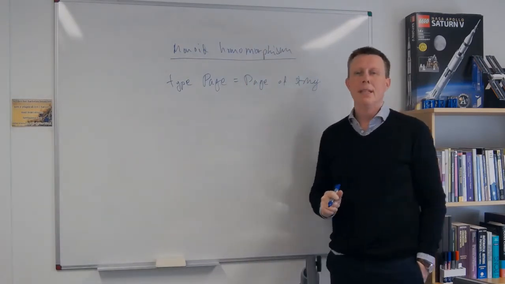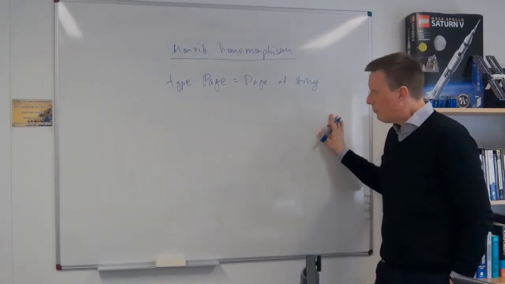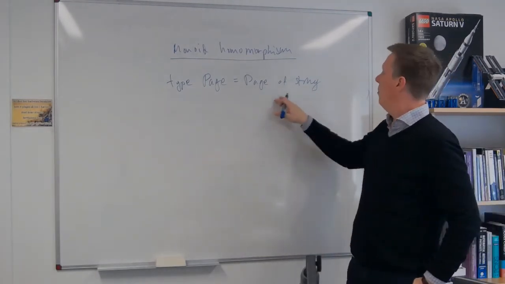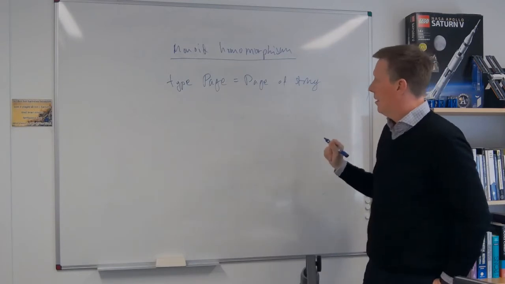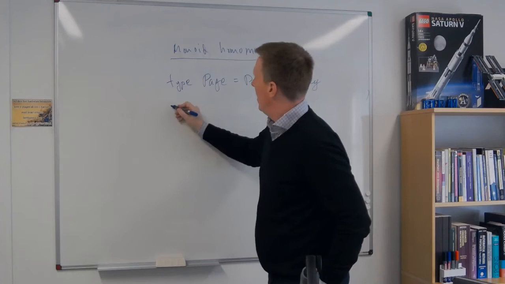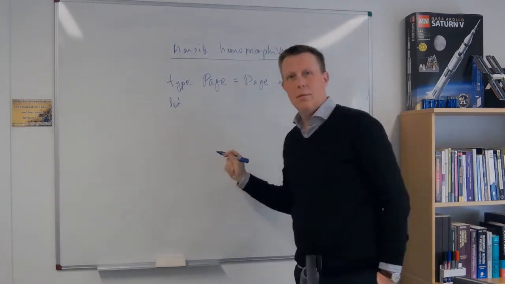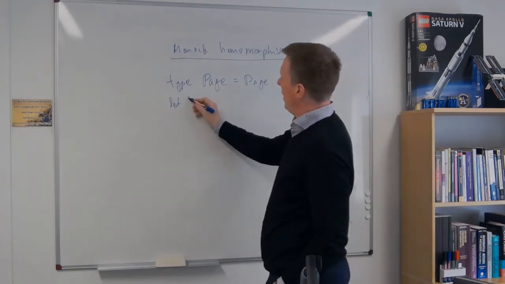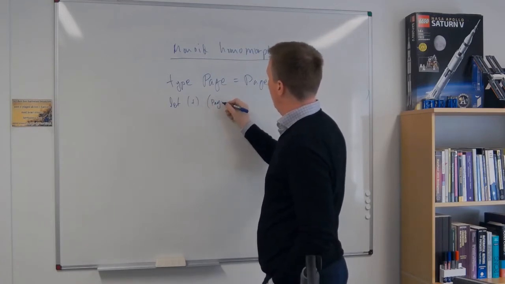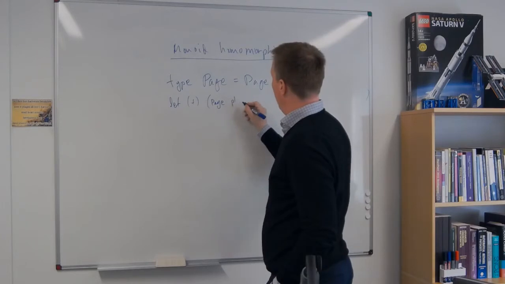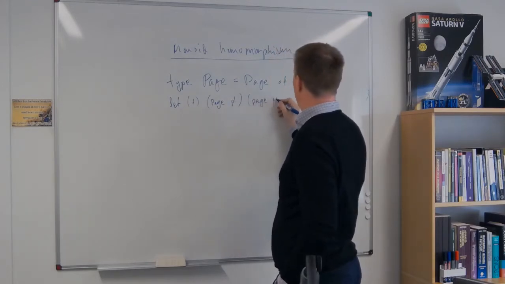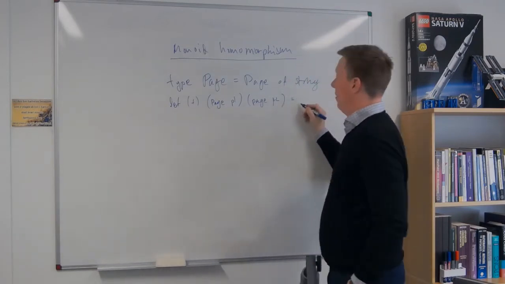Now we've just wrapped a string, but we say this is one page full of text, and then we can define an addition operator plus for two pages, page P1 and page P2, and that's super simple.